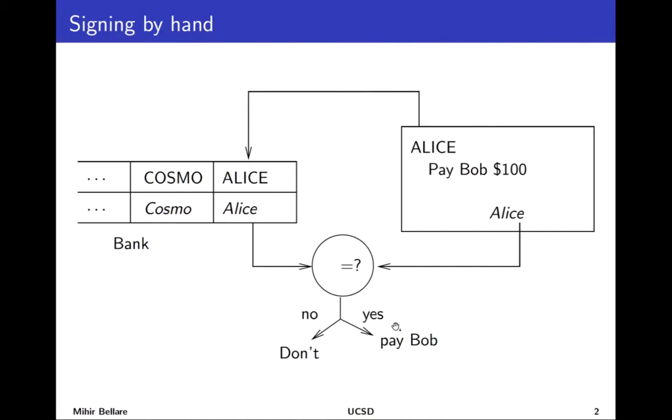And if that comparison works out, they say the check is valid and Bob gets paid, otherwise it's not. Now, of course, this type of clearing is a little dated. I think nowadays banks don't even verify signatures unless the amount is above a certain something. Maybe you're expected to complain when you get the return check or whatever, but this is kind of the way things are supposed to work.